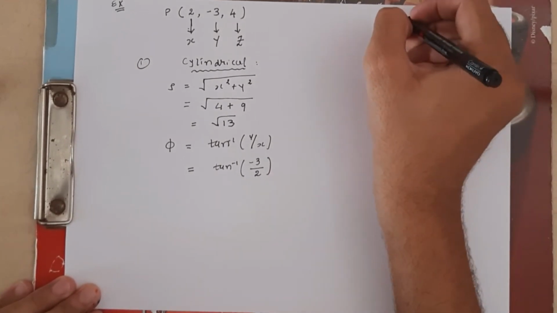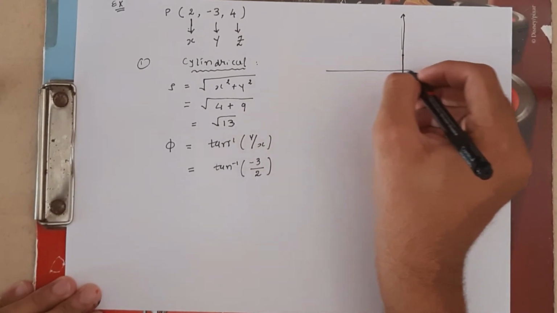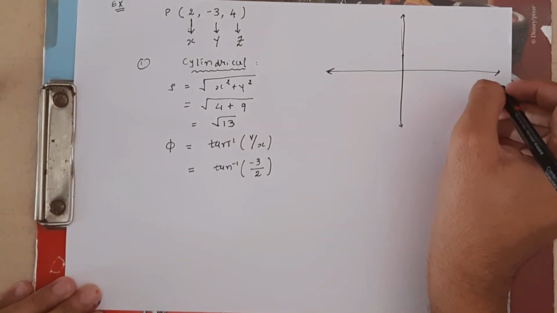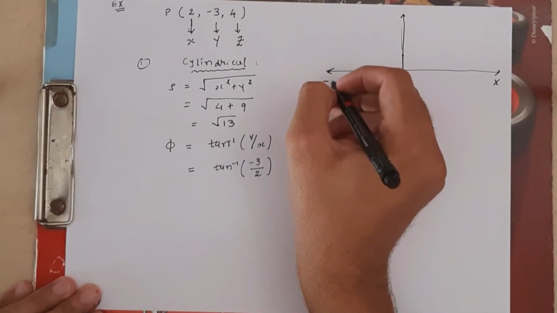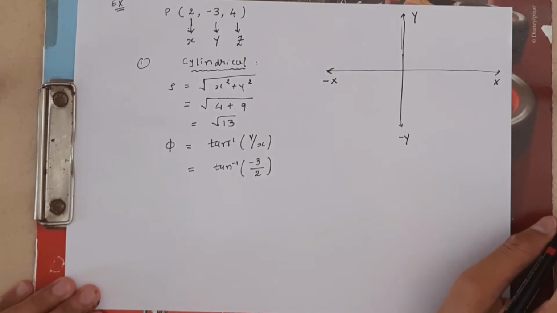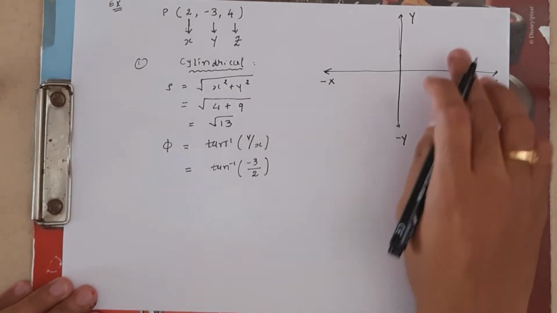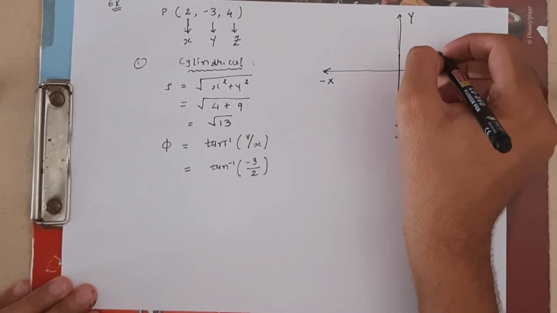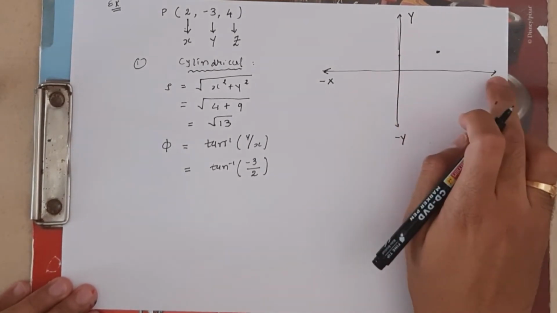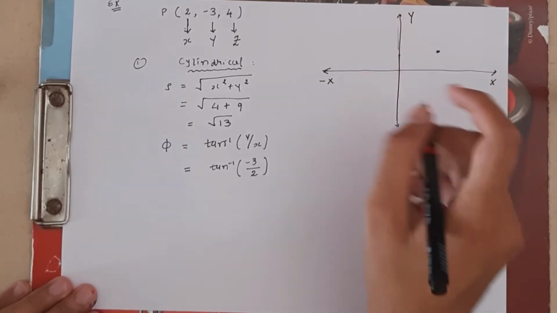If we have the idea about the 4 quadrants, this one is my positive x-axis, this is my negative x-axis, positive y-axis and negative y-axis. Suppose the point is in the first quadrant, it has a positive x value and a positive y value.